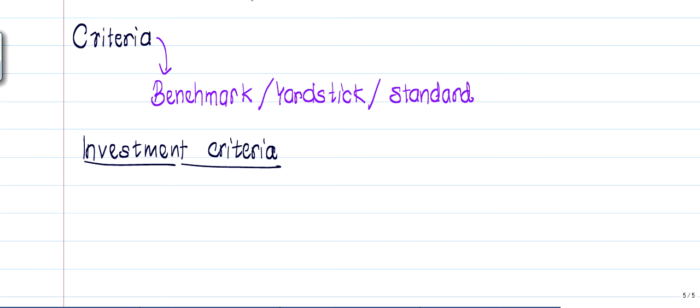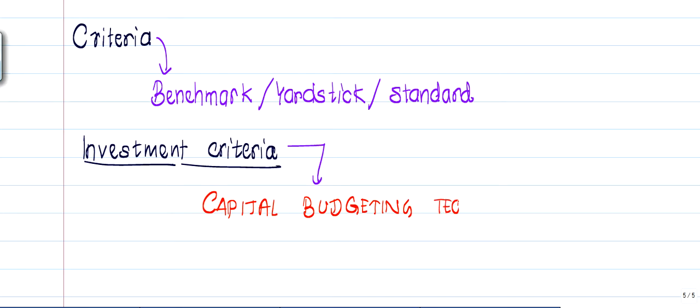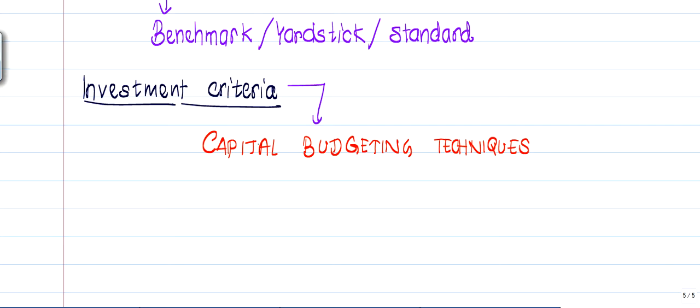the technique used for selecting which project is better in terms of returning the amount. So it is a technique known as a capital budgeting technique. Using these techniques, we will come to know which project is a better one.